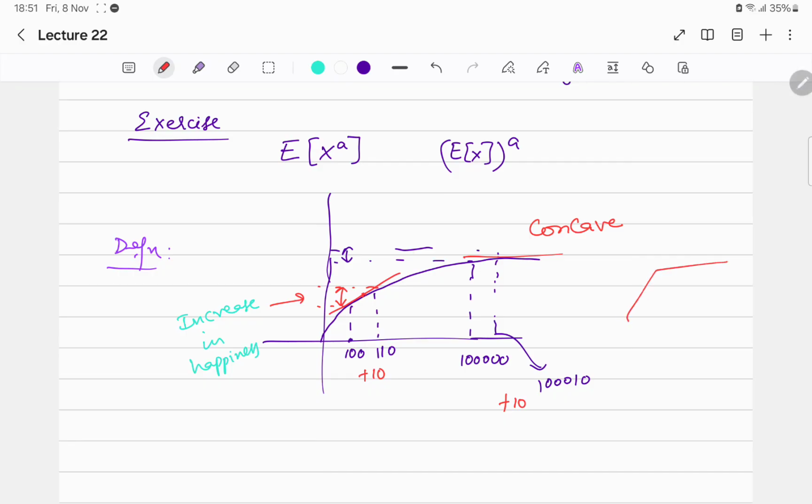Even this function is concave, but it's not a differentiable function, because the slope is decreasing here too, but this is not a concave function. Double derivative is not possible. But whenever the function is differentiable twice, if the double derivative is negative, that is the slope is a decreasing function, then you call it a concave function. If the double derivative is positive, then it's a convex function.